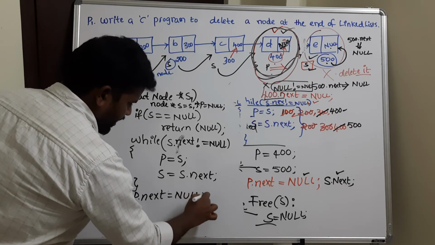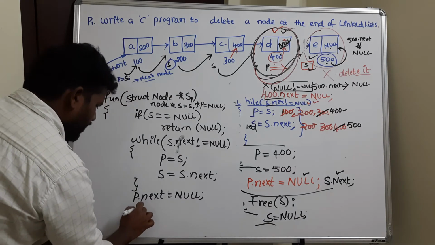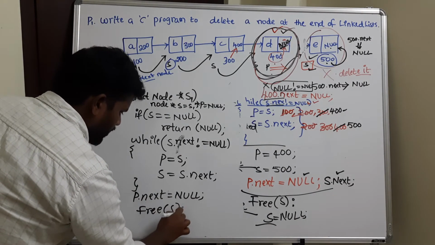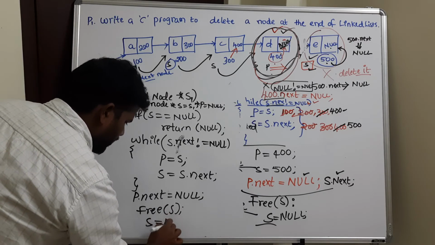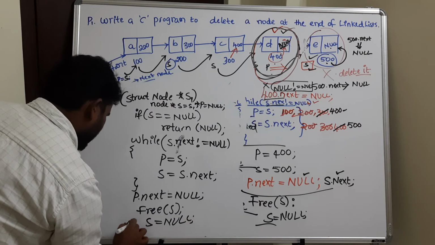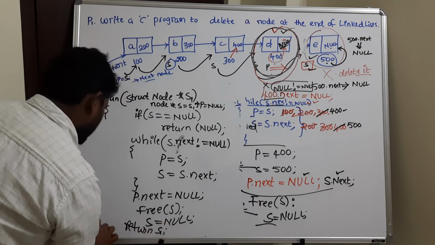You can assign null directly, or you can do S dot next as well. Then free the S, and assign S equal to null. Then you have completely deleted the node without returning S1.